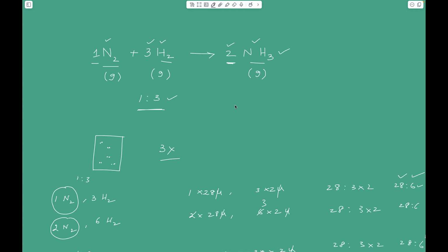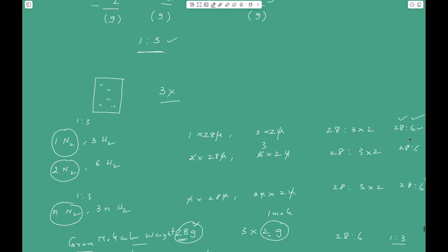To be able to do that, you should know how to convert masses and volumes into number of particles. And that is what we are going to do in this video.